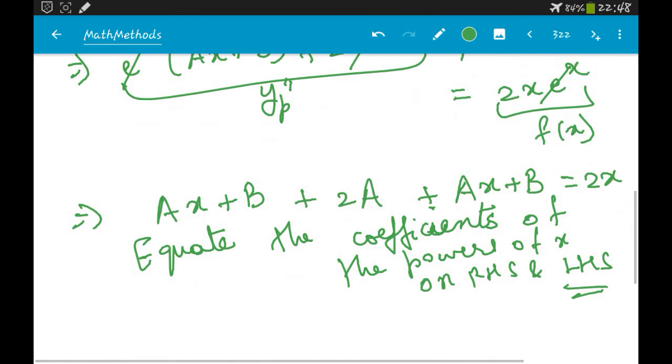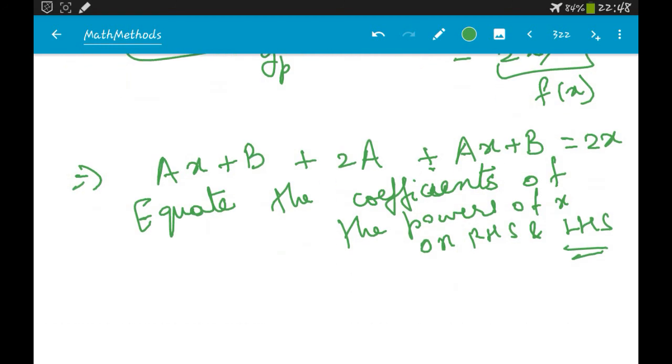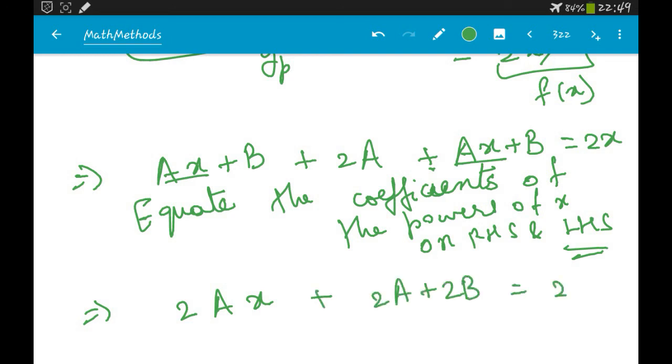So on the left hand side we can bring together terms which are coefficients of x. So we'll have 2ax, ax and ax, and then we have 2a plus 2b is equal to 2x.